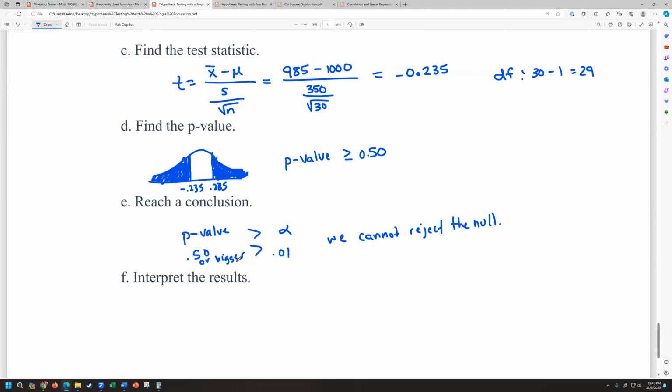Okay, so we're going to write our conclusion statement. The data is not significant, or hang on. Yeah, I want to say it like that.